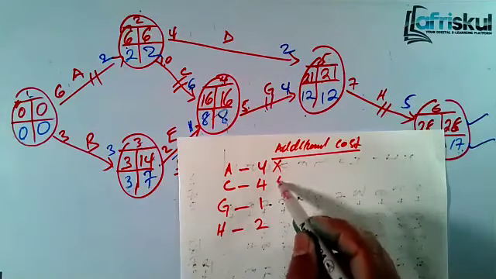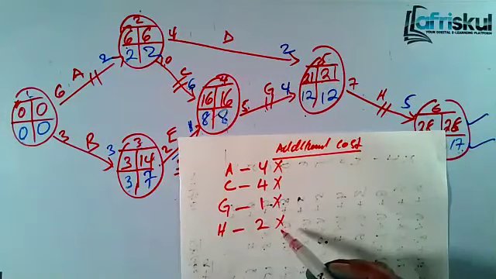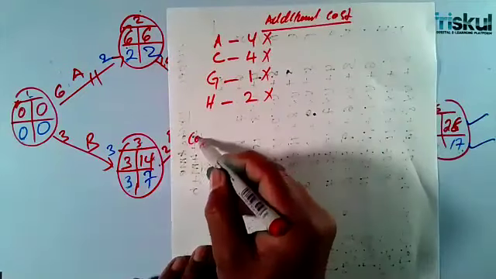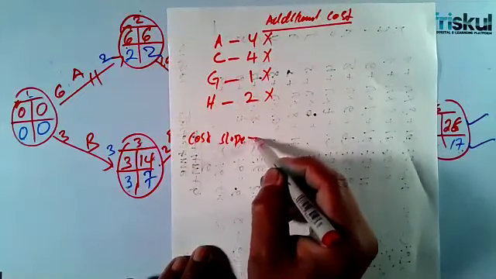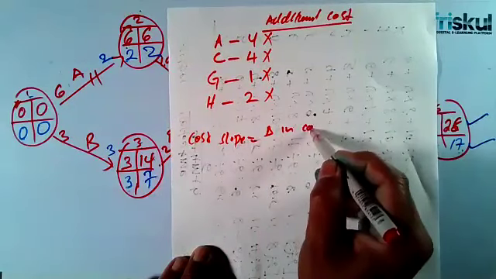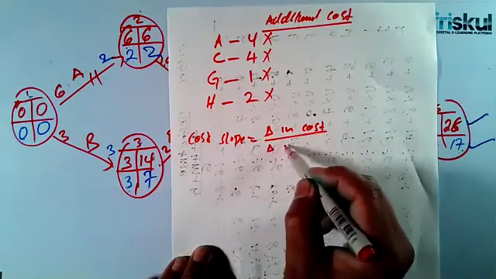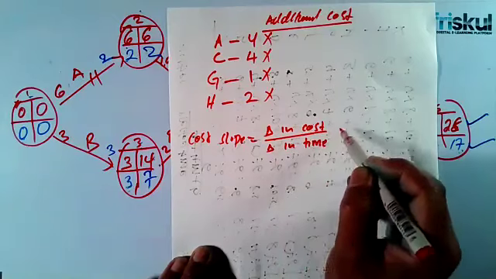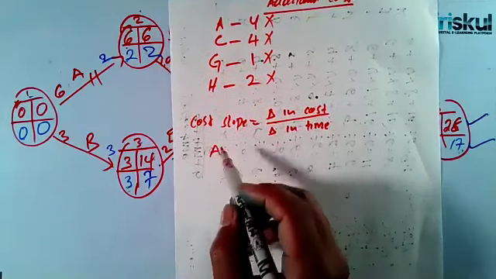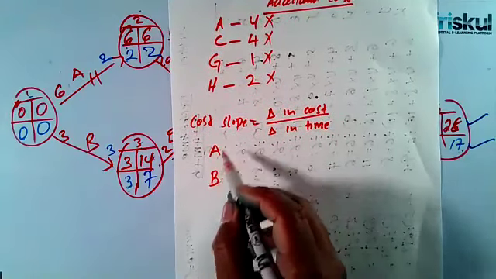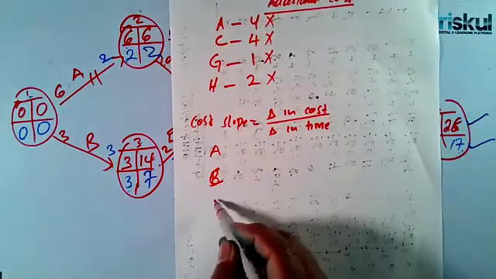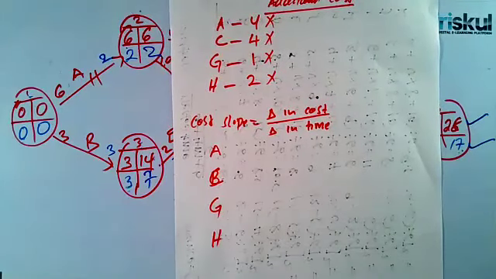Then you multiply by the cost slope. How do we get the cost slope? To get the cost slope, you take the change in cost over change in time. So let's get it for A, C, G, and H. We're only looking at the critical activities.